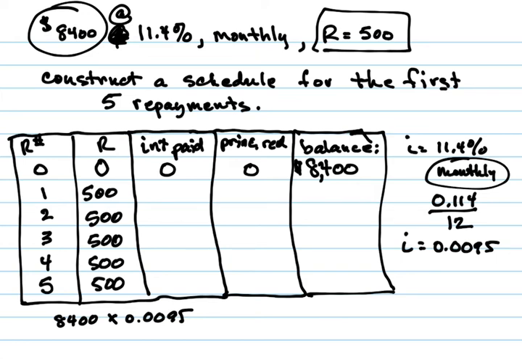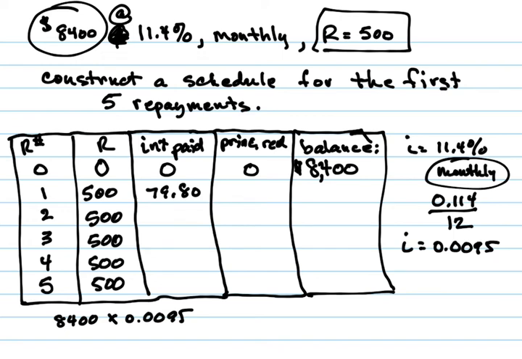Okay. When you do that, you get $79.80. Now remember, it's money, so make sure you put it in as cents, right? Round it to 2 decimal places. Okay? So that's simply the amount of interest that the bank charges me during my first payment.